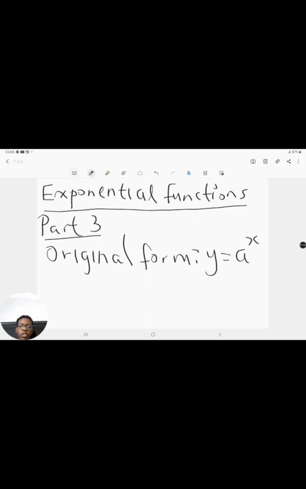And in the previous video, we looked at a variation. Variation 1 is what I'm going to call it. We looked at variation 1, or rather, we can call it an addition instead of a variation, where we had this form, b times a to the power of x, where we included that b there, and we looked at its effect on the graph.